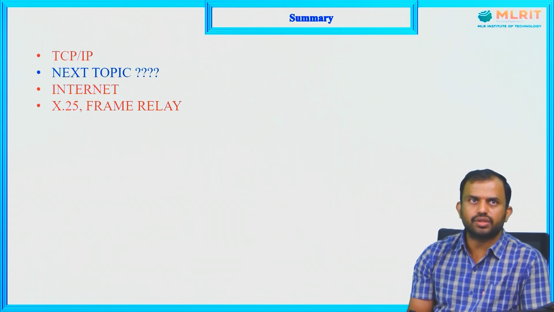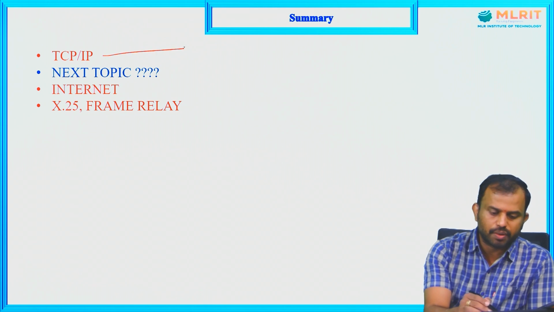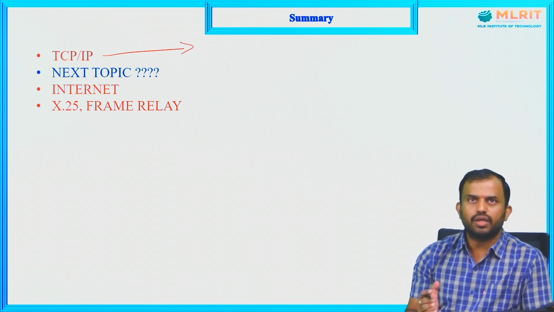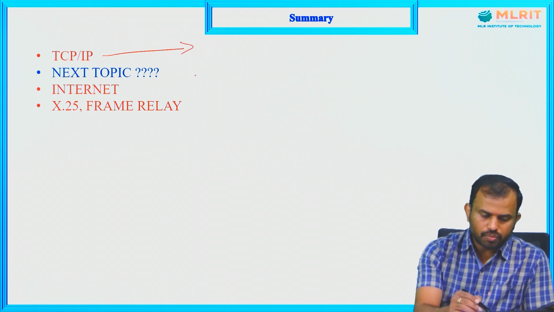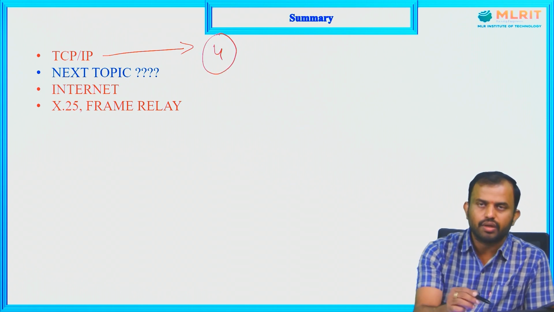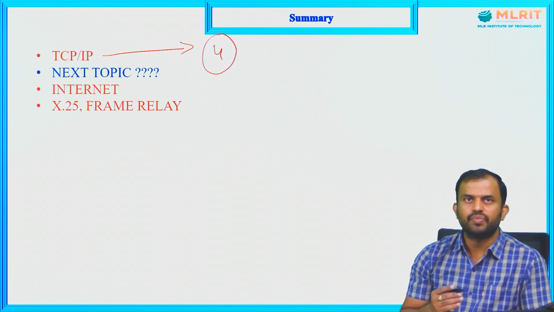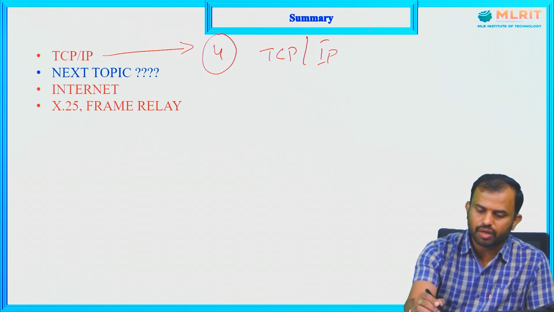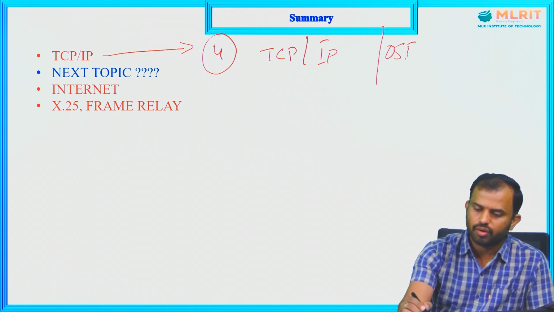So in this session, we focused on the TCP model, which means what kind of services we are using and how the network layer architecture is designed. In this model we have 4 layers, and we discussed the function of each and every layer. At the same time, we discussed the difference between the TCP/IP reference model and the OSI model.